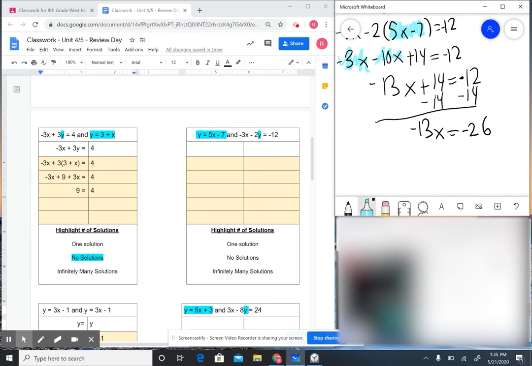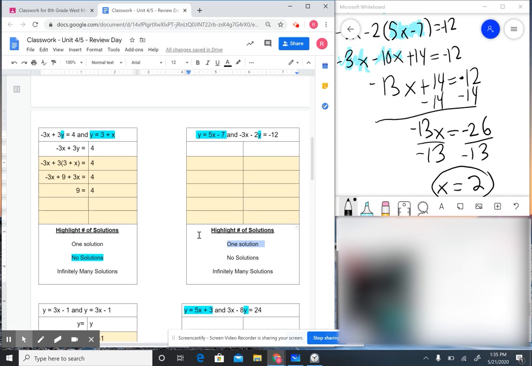And so now I'm going to divide by negative 13 at the end, so I can solve for my x. A negative divided by negative is a positive. And so that's going to be 26 divided by 13 would be 2. So the answer is 2. So when you get that at the end, that's just a one solution problem, right? That's just a one solution problem.